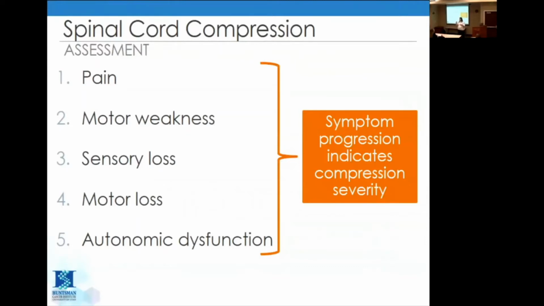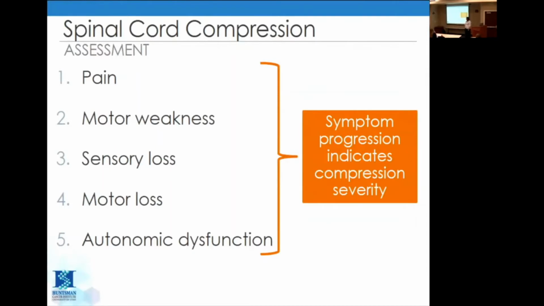I watched her try to reach for things, and she wasn't functioning the way I thought she was. So that's when I questioned her more about back pain. We knew she had spine mets, so we were able to look into that a little more. So catching those little motor weakness things matters. If they've walked fine every single day, and then they walk into your clinic dragging their feet, or trip over their foot, that could be some motor weakness.